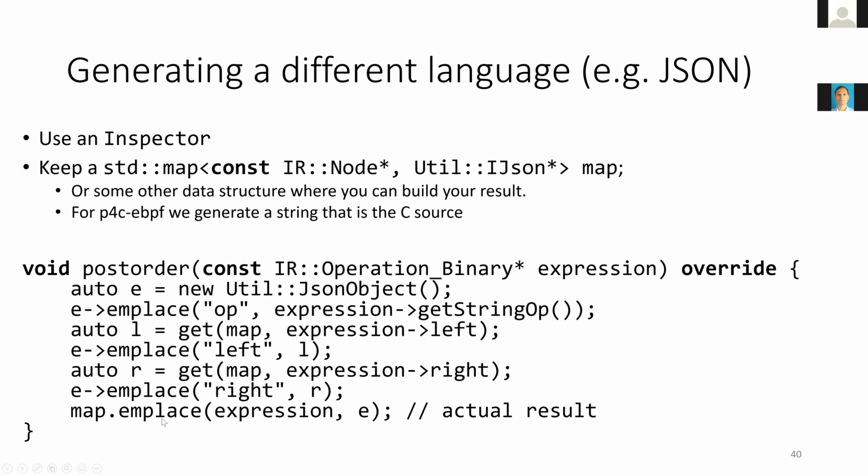And then in the map, we set the object corresponding to the expression to be this new object that we have built. So this is a typical pattern that you could use, but you can really build any data structure you want by crawling the visitor tree, the IR tree.